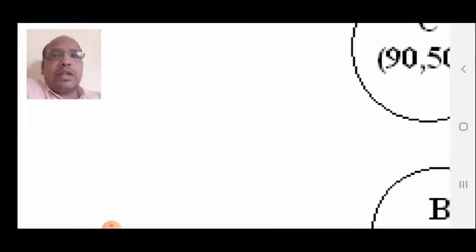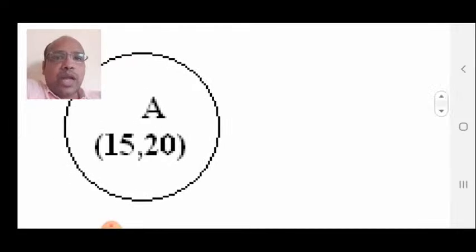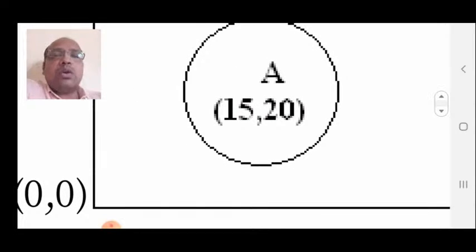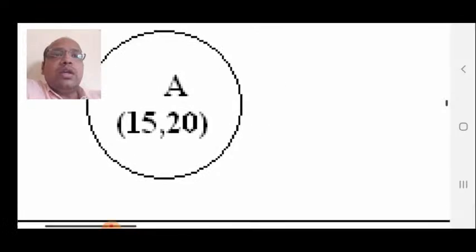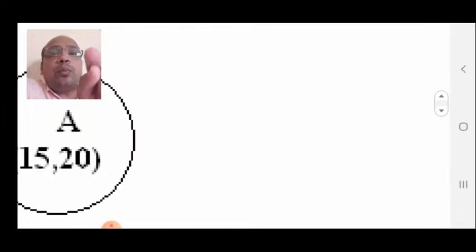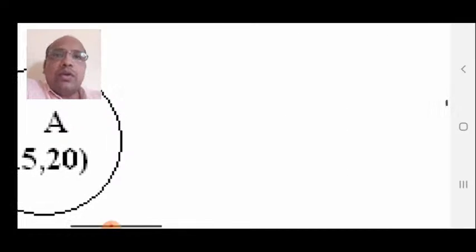But in the incremental coordinate system, you write the coordinates of point A with respect to origin, but while writing coordinates of point B, you should write the coordinates of point B with respect to point A. Means while writing coordinates of the next point, the previous point should be the origin.